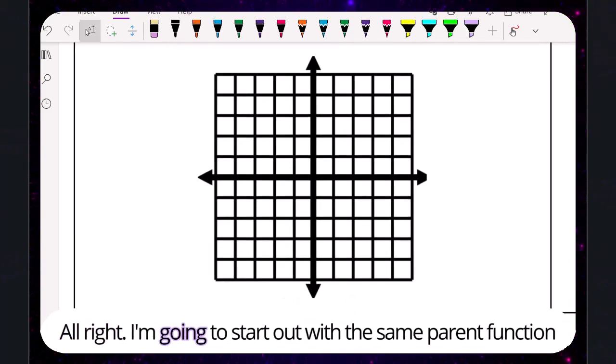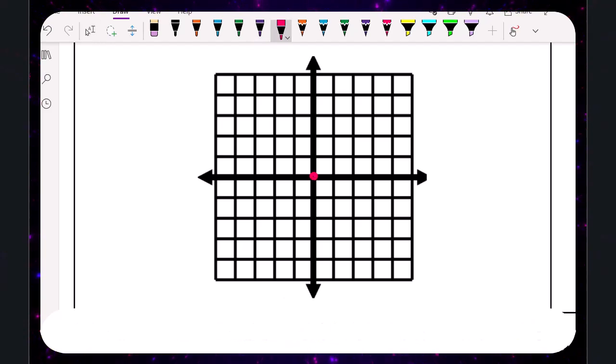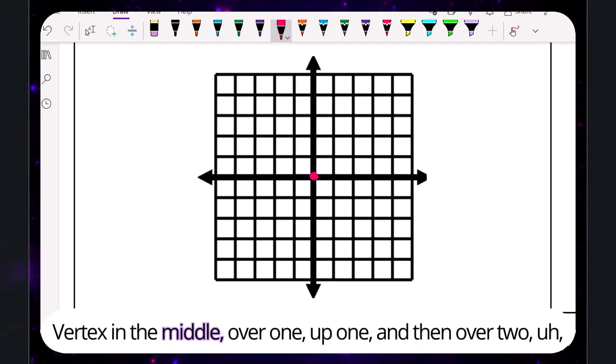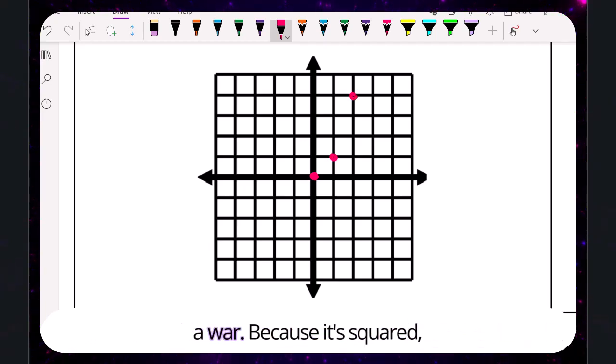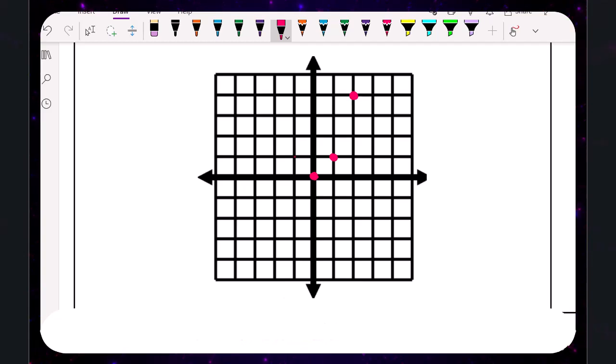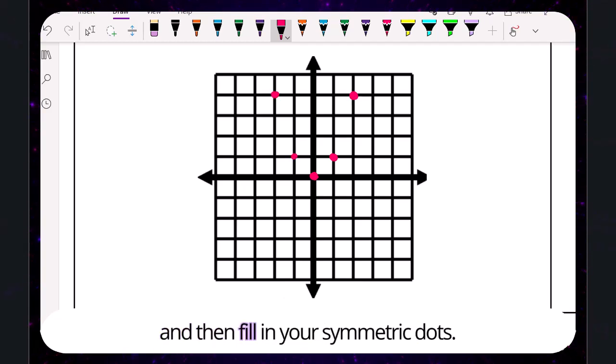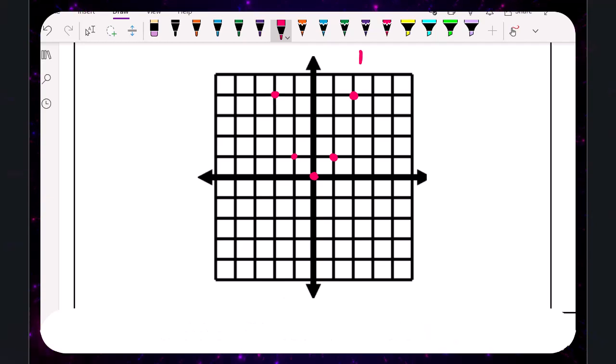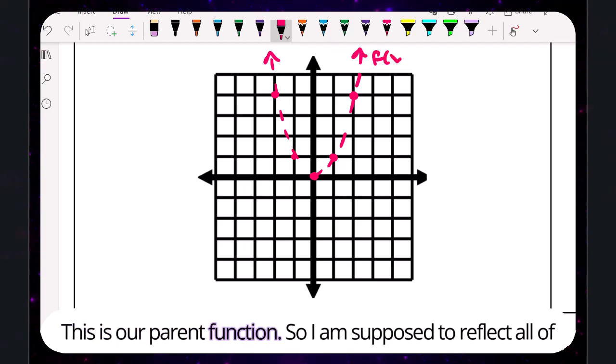All right, I'm going to start out with the same parent function we did on the last two. Vertex in the middle, over 1, up 1, and then over 2, up 4, because it's squared. And then fill in your symmetric dots, and a little dashed line. And this is our parent function.